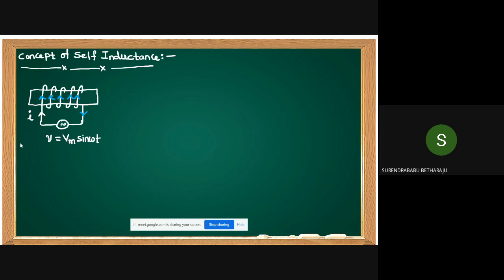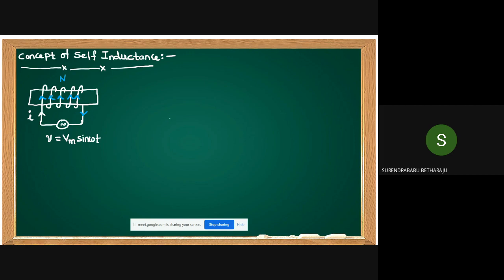Those imaginary lines are nothing but flux lines. Yes, friends, this is one solenoid coil. If it carries the current, there is a flux. How to determine the direction of that flux? The flux direction is determined by using the right hand thumb rule. If you apply the right hand thumb rule, how do you determine the direction of the flux, friends?